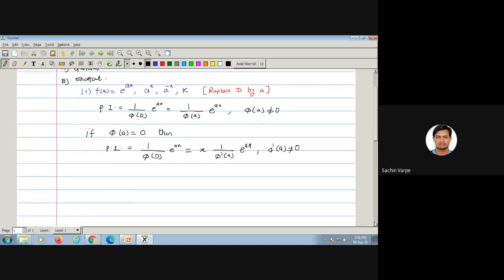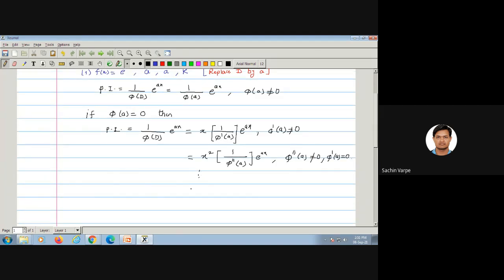If it is again zero, we again take the derivative and one more x comes, that is x square into 1 upon phi double dash at a e to the power ax, provided that phi double dash of a is non-zero and phi dash of a is zero, and so on. Clear?